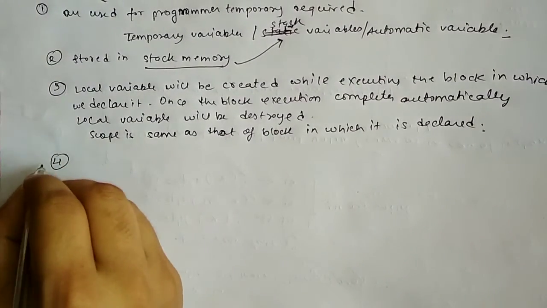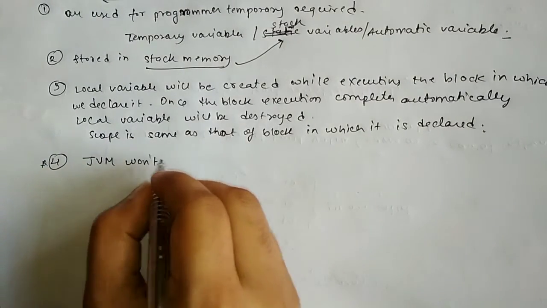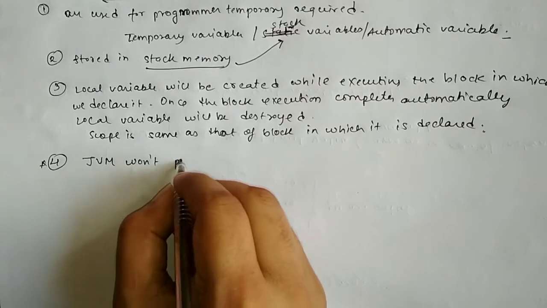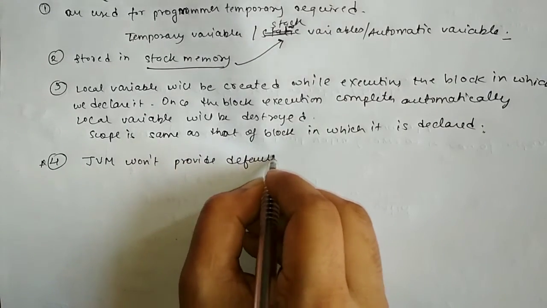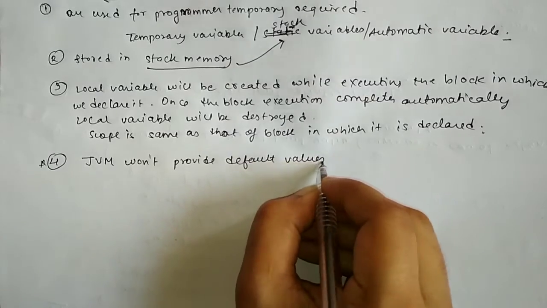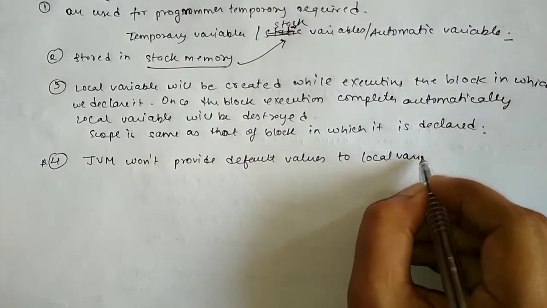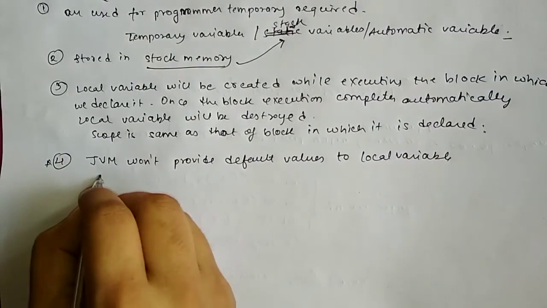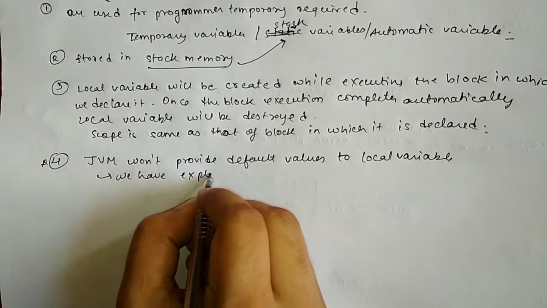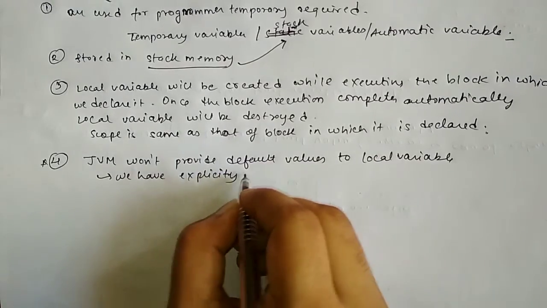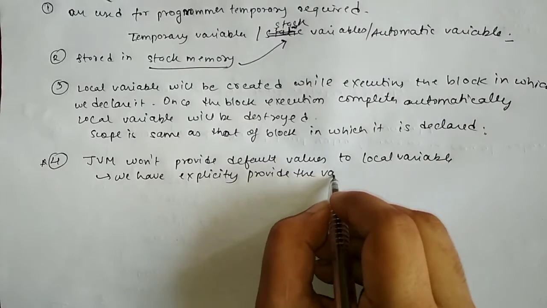And the most important point is JVM won't provide default values to a local variable. We have to explicitly provide the value.